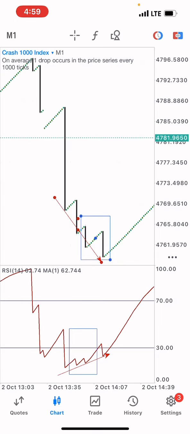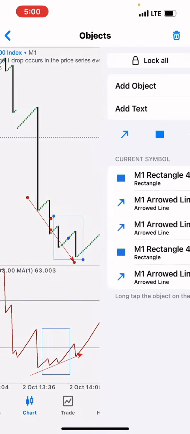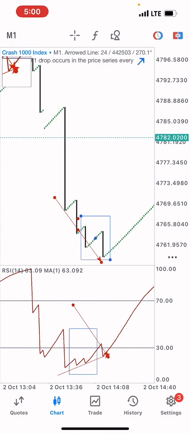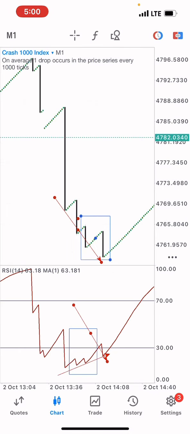Now there's a rule that I like to follow before making an entry. I want to see this happen below level 30 of my RSI indicator here. So you see, when the divergence occurred, price was below the level 30, and then what I like to do is wait for price to break above the level 30, and then I will enter a buy.